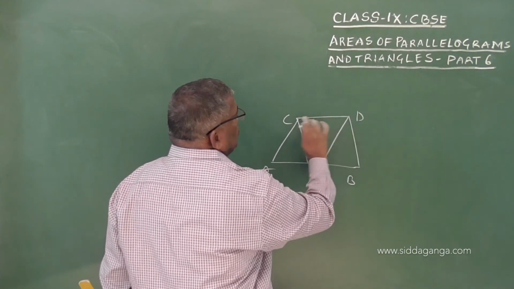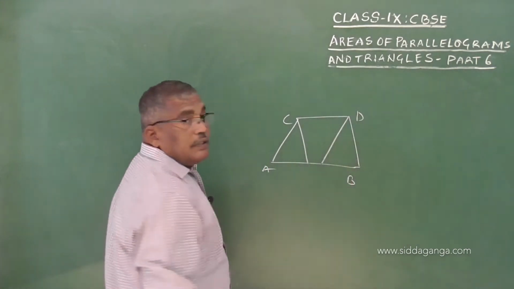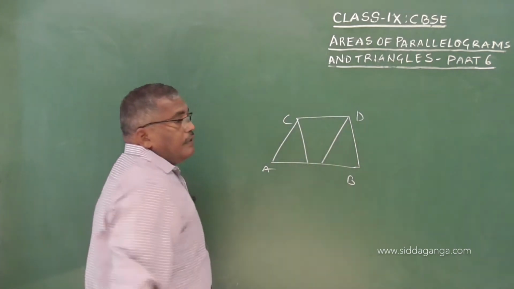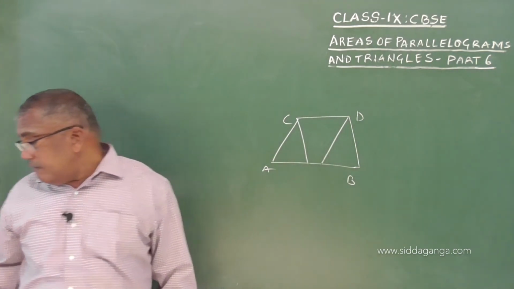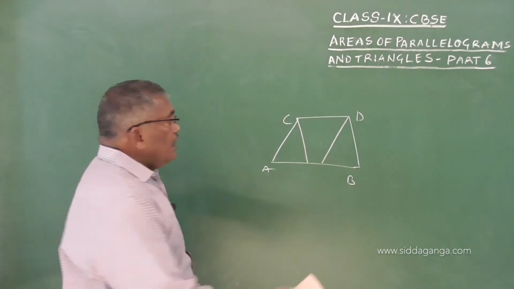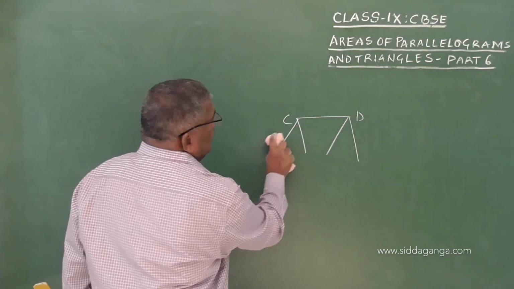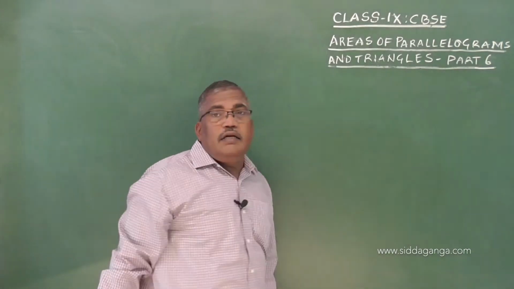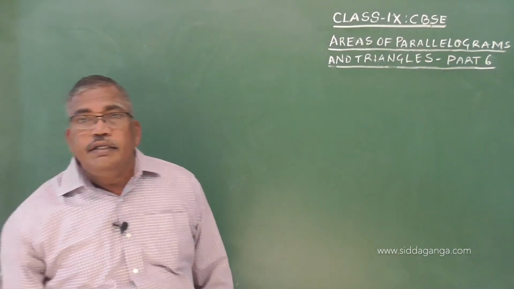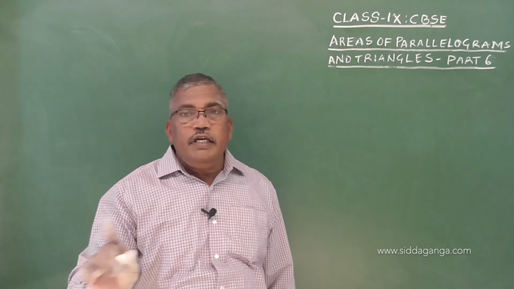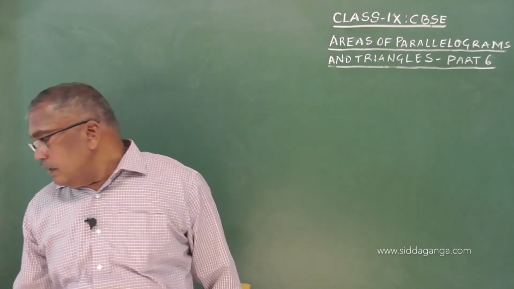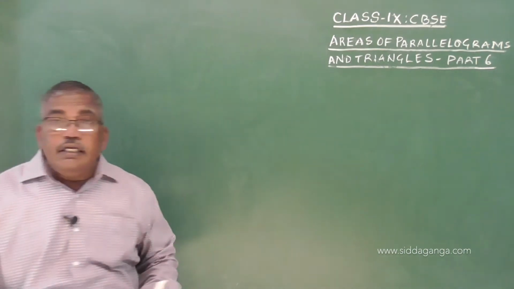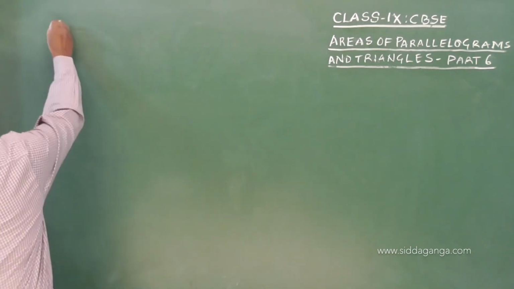If these two are parallel, and if they are resting on the same base or equal base, their areas will be equal. And if between two parallel lines, one triangle and one parallelogram are there, the triangle area will be half of the parallelogram area.